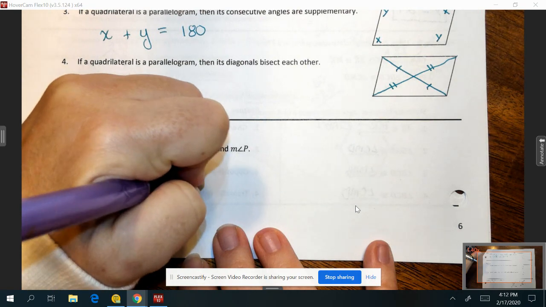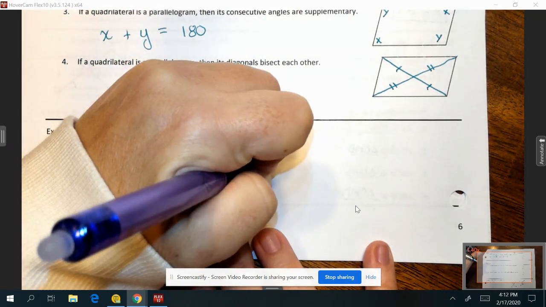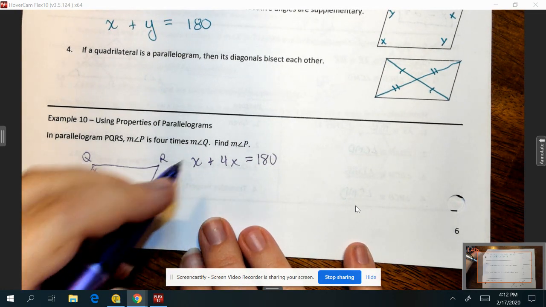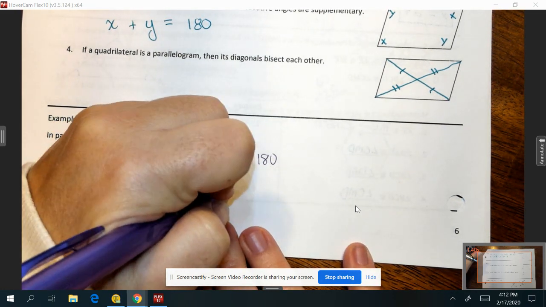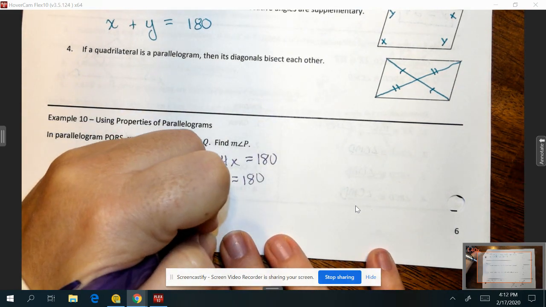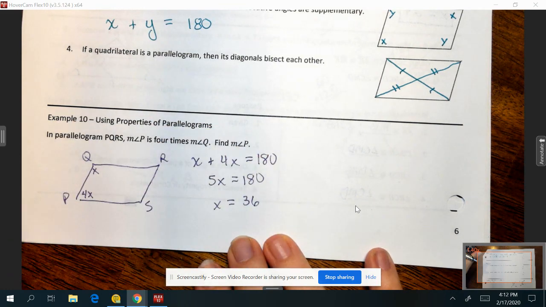So X plus 4X equals 180. Combine like terms, you get 5x is 180. Divide by 5, x is 36.